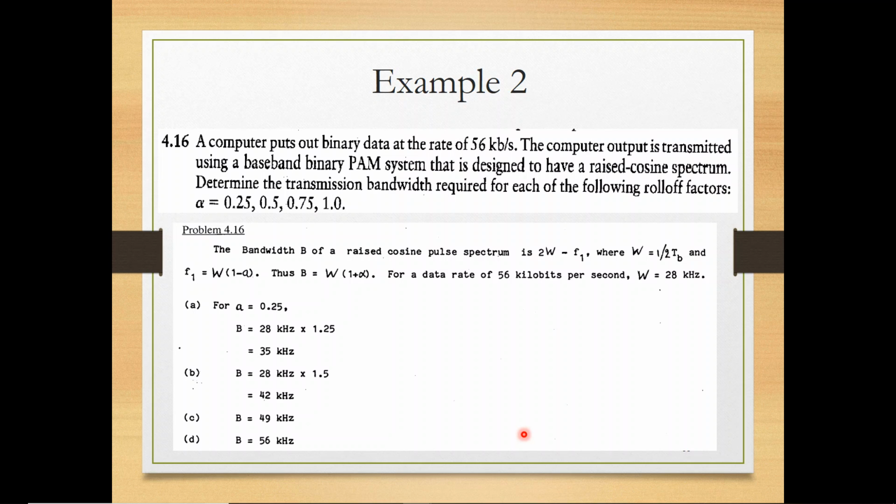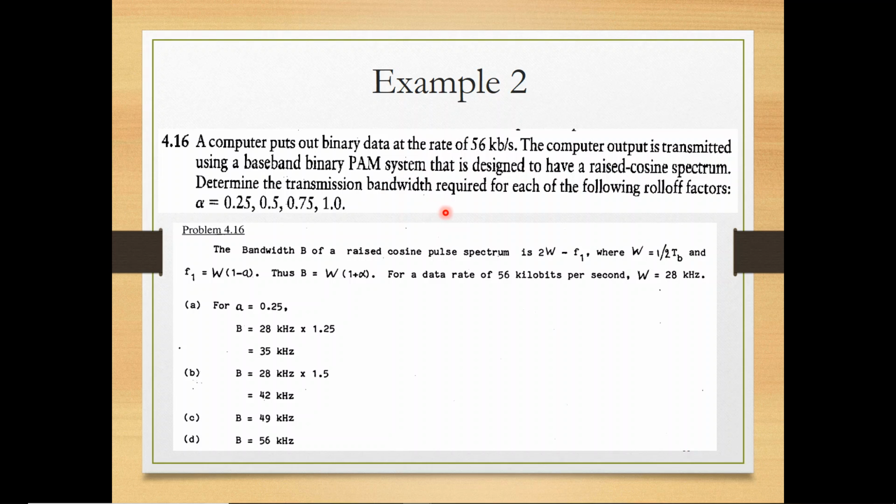Example number 2. Suppose a computer puts out binary data at the rate of 56 kilobit per second. The computer output is transmitted using a baseband binary pulse amplitude modulation system that's designed to have a raised cosine spectrum.